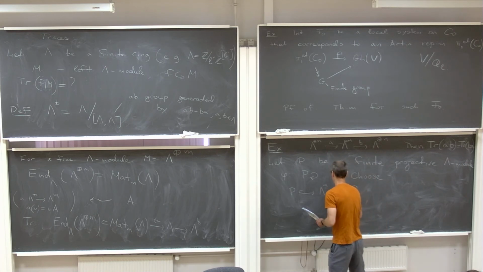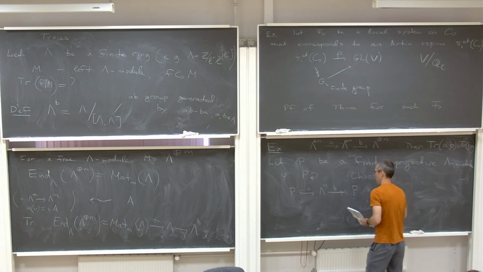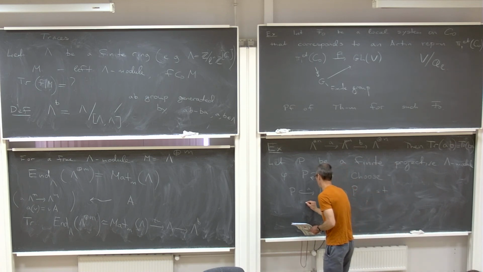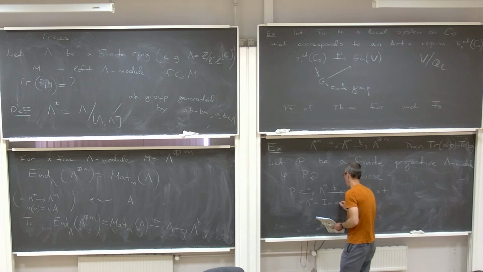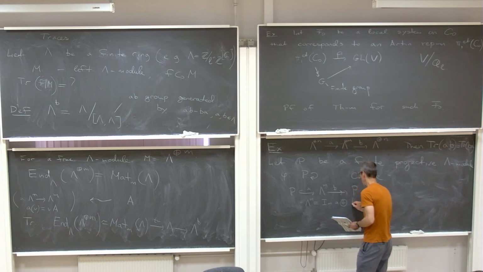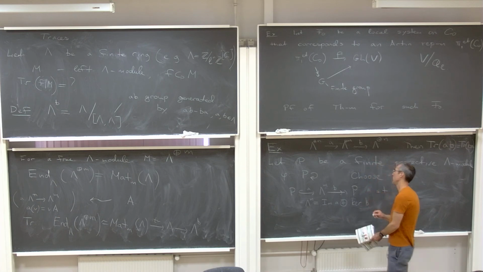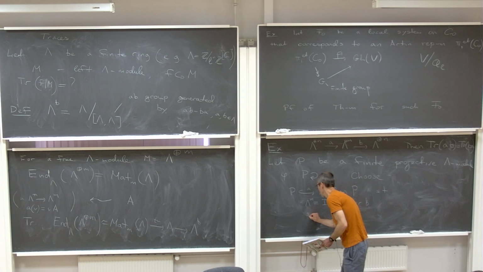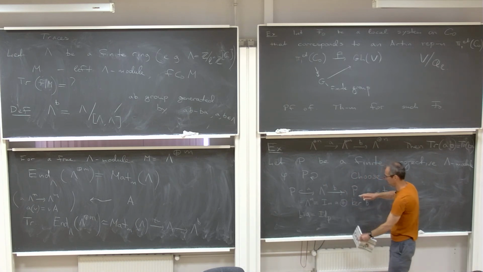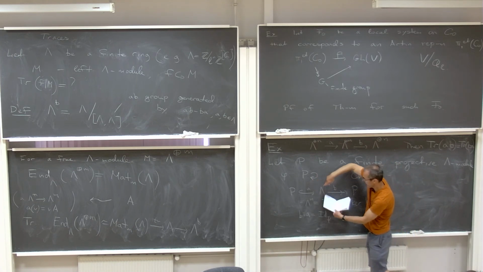So this is A, this is B, such that lambda m is equal to the image of A plus kernel of B, and B composed with A is identity on P. So choosing such A and B is equivalent to writing P as a direct summand here.